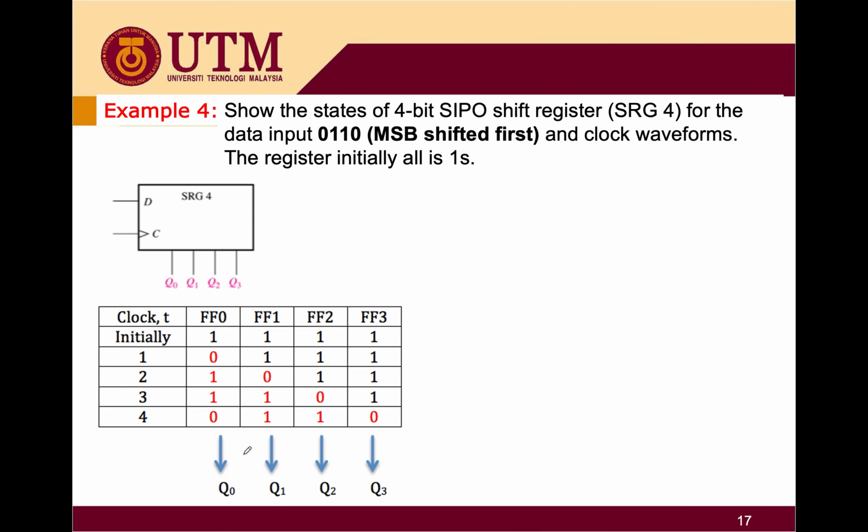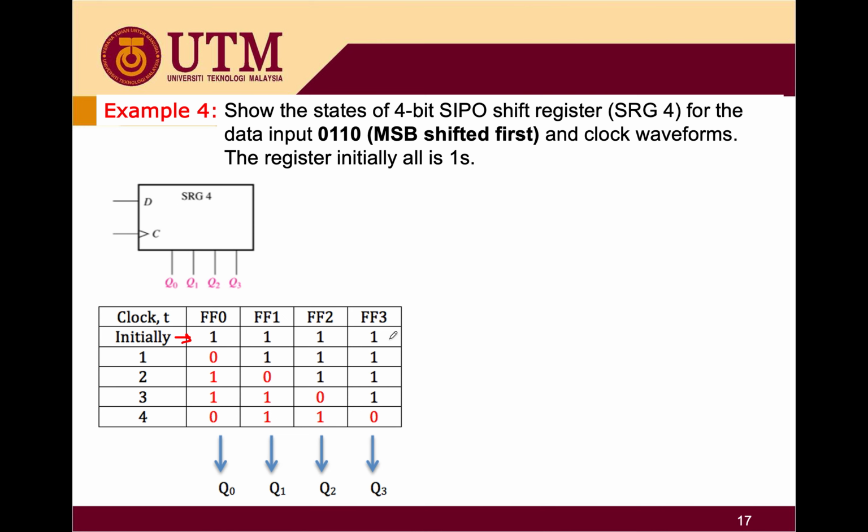So first of all, you already have the initial states, which is 1. You can see over here the initial value of your output is 1 1 1 1.